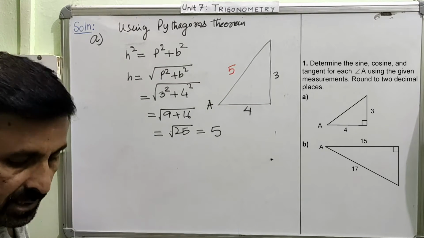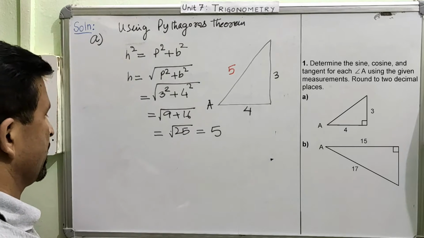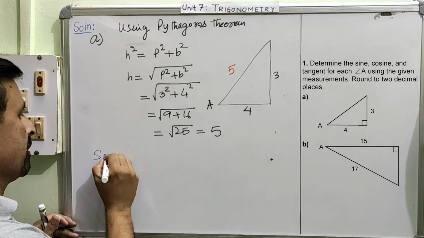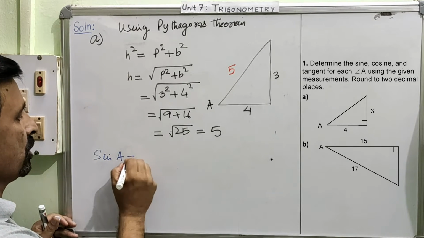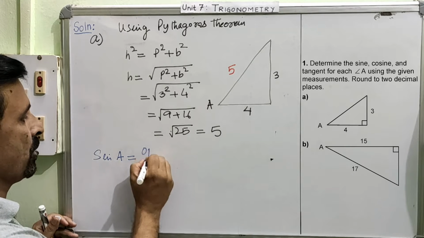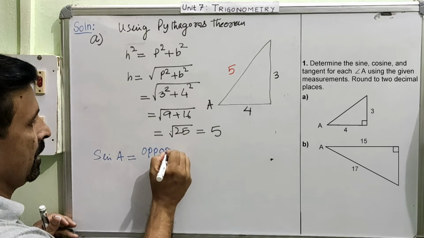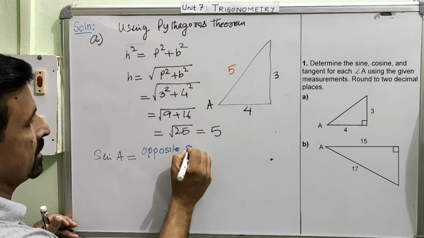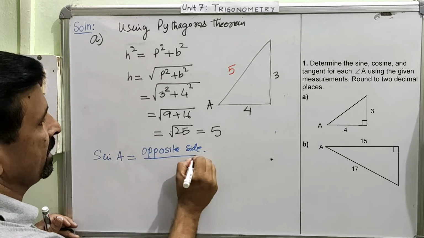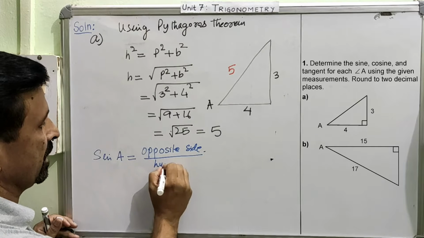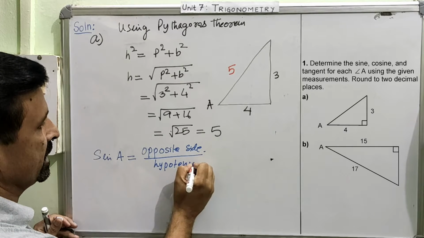So we will write the three trigonometrical ratios. First of all, sine of A. You know the ratio of sine A is the opposite side divided by the hypotenuse.